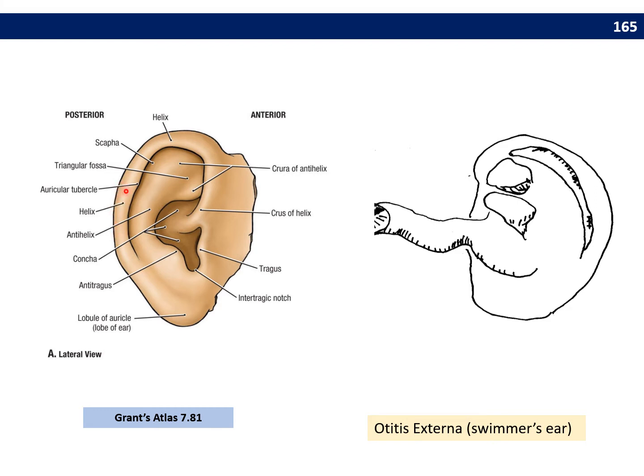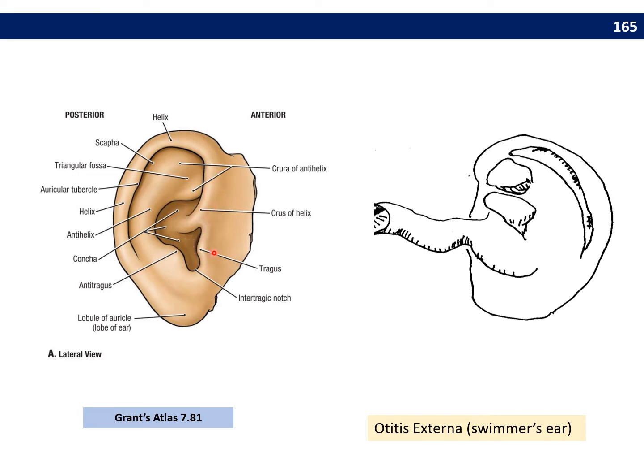So the helix is on the rim of the ear, and then the bulge immediately anterior to that is the antihelix. The concha is that inner part of the cartilaginous ear that we see, and the crus of the helix is here.